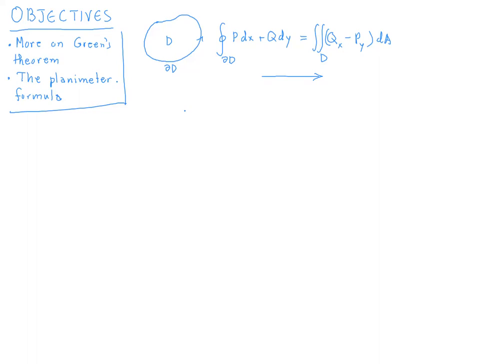So the first thing that we would like to do today is the following. Qualitatively, if we look at this integral, we can argue that it represents the total projection of the vector field onto the boundary in directions that are tangential to the boundary.